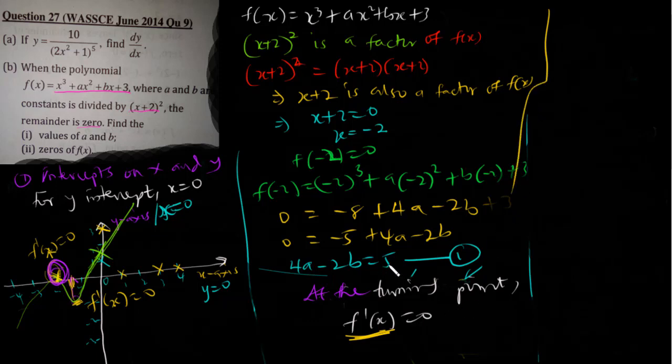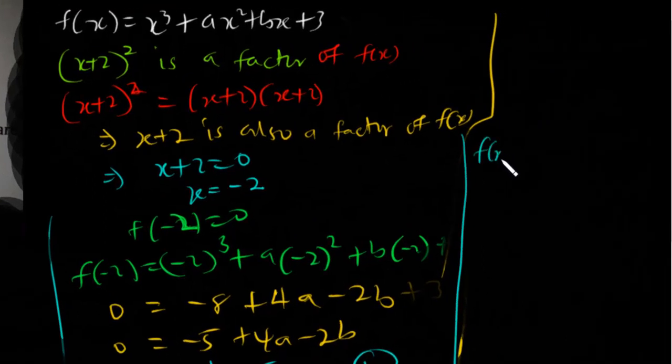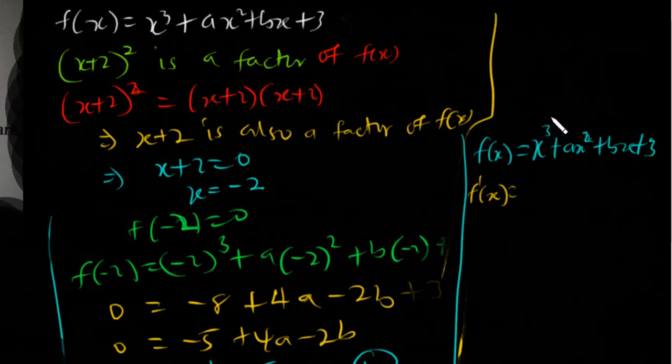So let's see. The function f of x equals x cubed plus ax squared plus bx plus 3, and we're going to differentiate this. So we have f prime of x. You grab the power for this term, you pull it down to multiply the coefficient of x cubed. We have 1 here, so 1 times 3. Subtract 1 from the 3, we have x to the power 2.